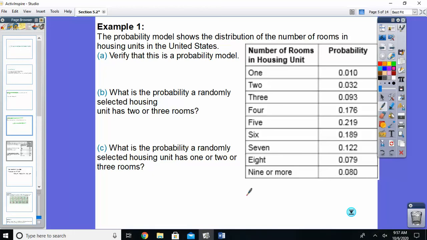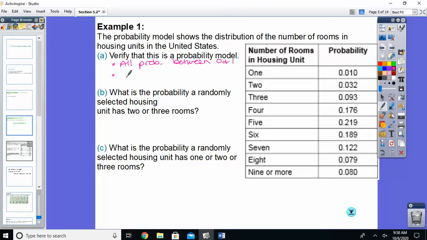So verify that this is a probability model. If it's a probability model, what two things have to be true? It has to add up to 1, and every individual probability has to be between 0 and 1. So looking at all of those, all probabilities are between 0 and 1. That one's met.